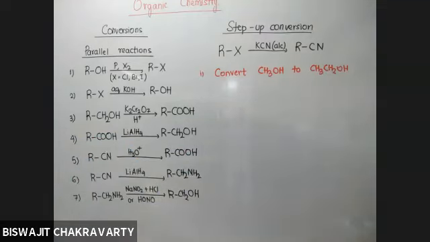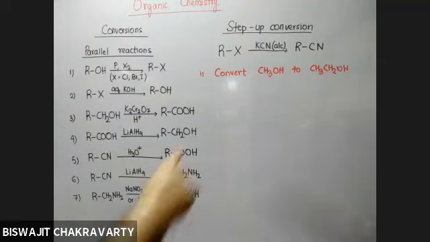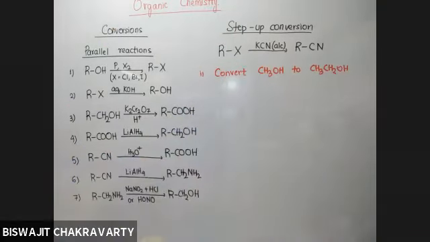Yes. Why? Because the number of carbon atoms needs to be increased. But we know that out of all the reactions that are present on the board, there is only one reaction with the help of which you can increase the number of carbon atoms. And that is treatment of alkyl halides with potassium cyanide.